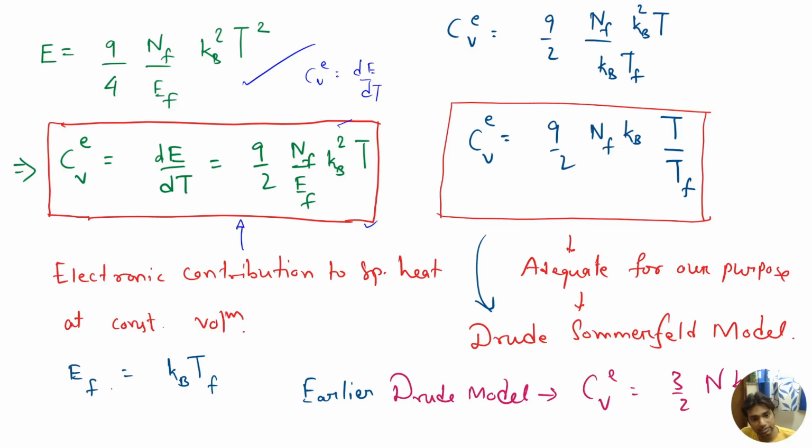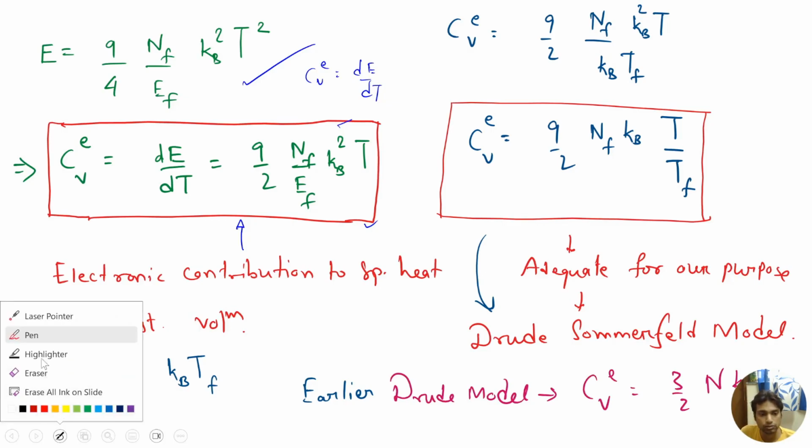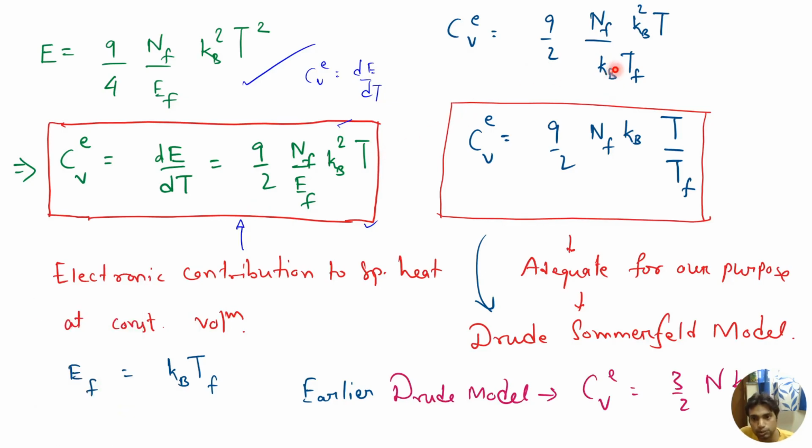Now EF is equal to kBTF. We just replace this EF by kBTF. So when we do that, kB cancels kB, and what we have here is 9 by 2 NF kB T by TF.